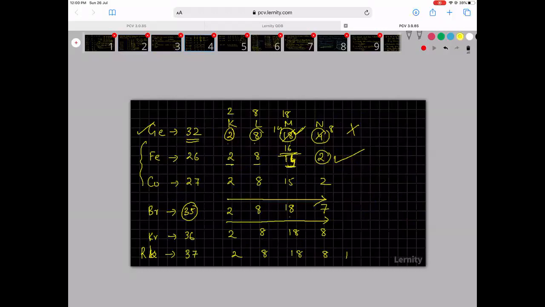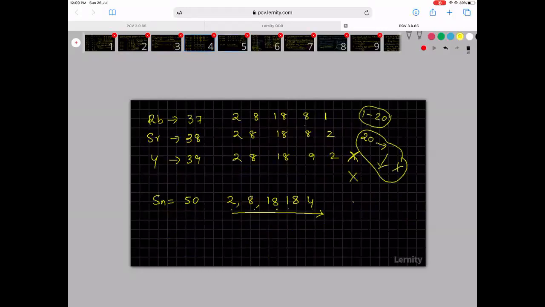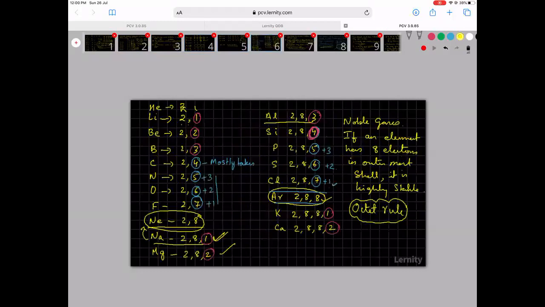So the next chapter that we have to read is elements, compounds, and mixtures. We have started that, and I have explained to you first what is an element. An element is a building block of all matter. There are so many elements. Each element is characterized by its atomic number. Then elements are electropositive, electronegative.